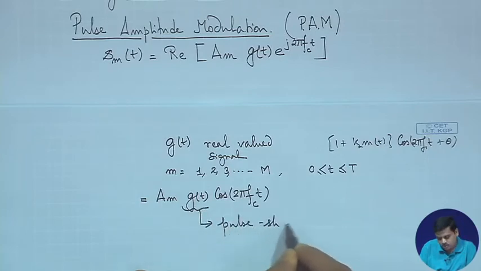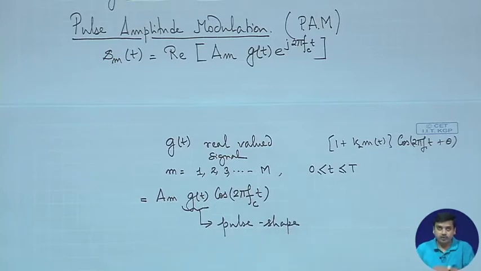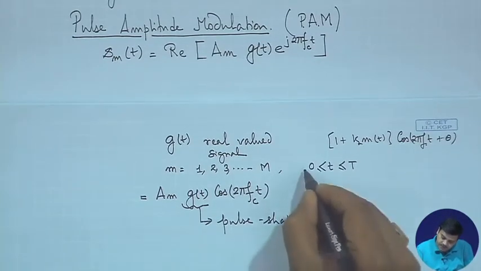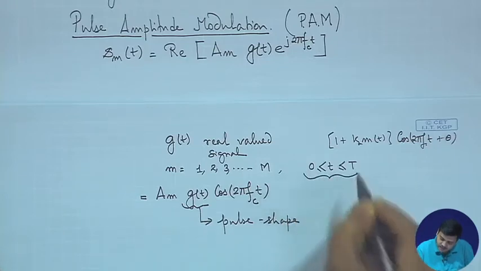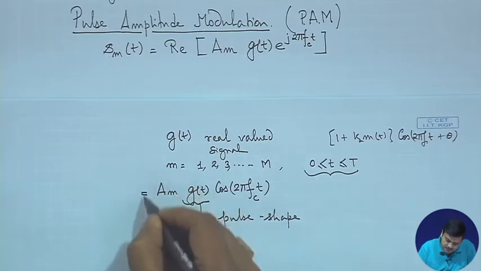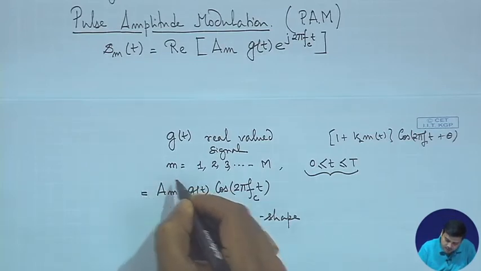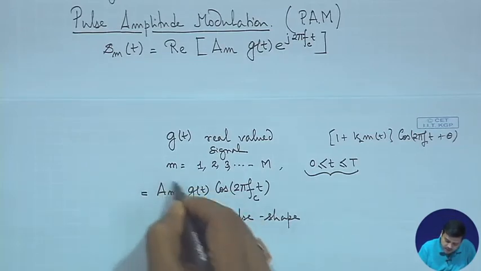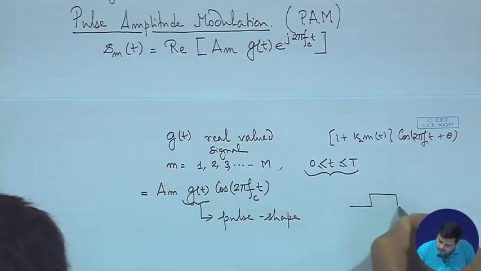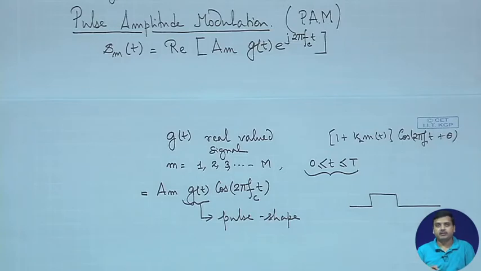This is one of the very important things of digital communications. The signal is valid for a duration between 0 to capital T, and you are selecting a pulse with an amplitude. By pulse we mean some duration of time.